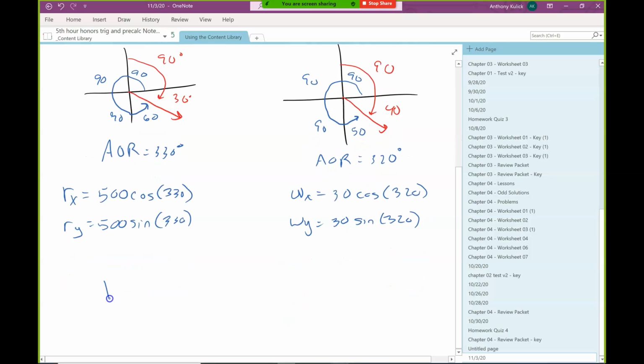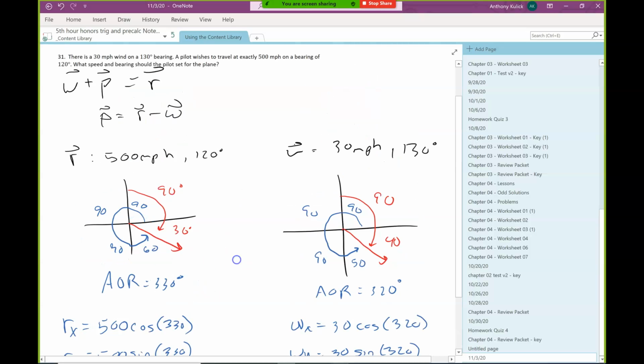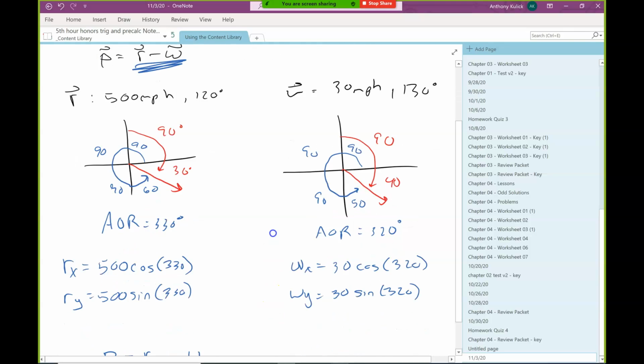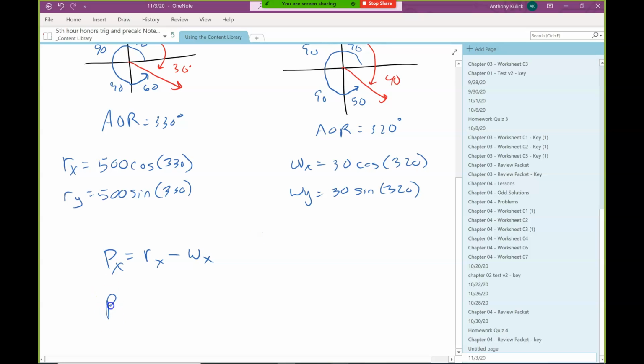So my plane vector x component should be the difference of these instead of the sum, because we noted that relationship in the very beginning. Similarly here.